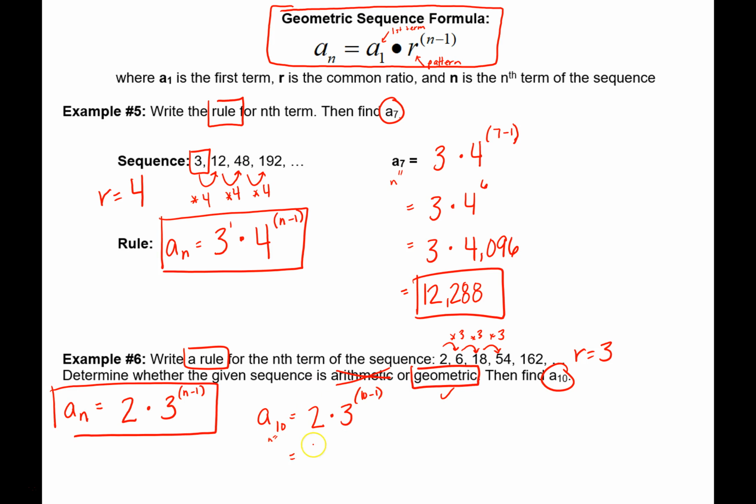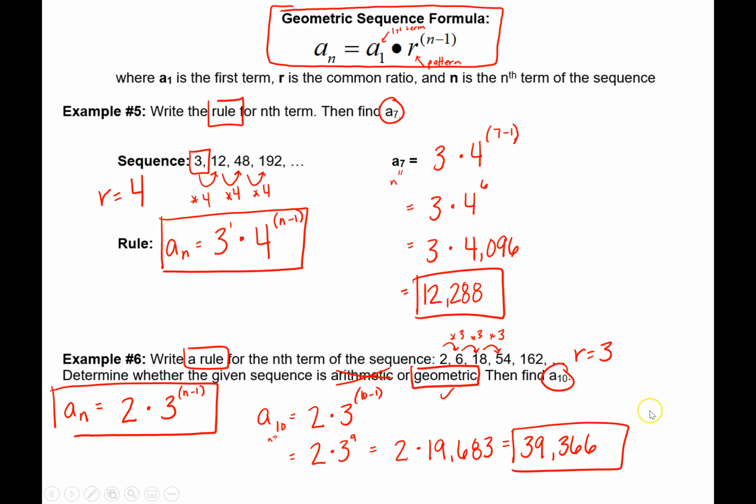Order of operations says deal with that exponent first. So that's going to be 3 to the 9th power, and I want to do that part next. So that's going to be 2 times 19,683. And when I multiply 2 times that big number, I'm going to get a doubly big number, 39,366. And that is my 10th number in that sequence that follows a geometric pattern.